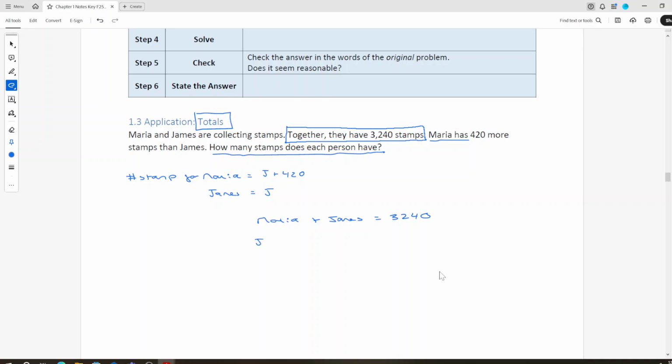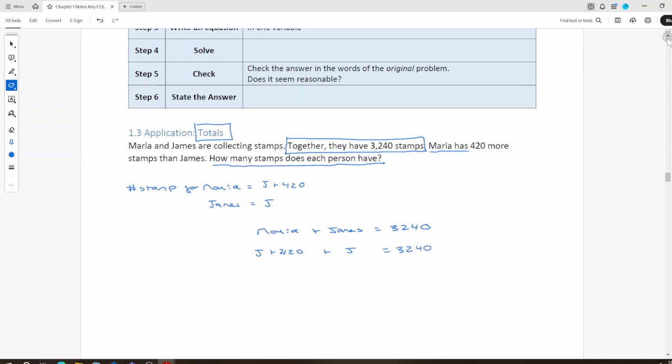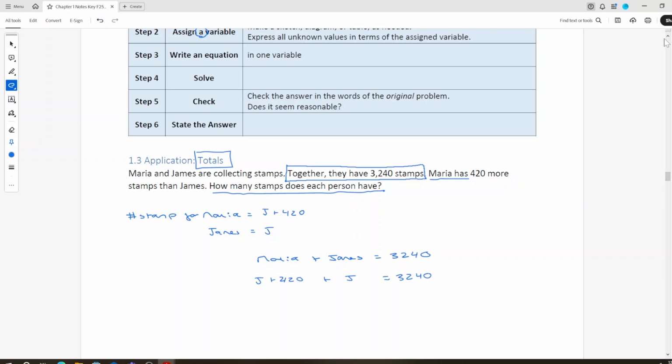Maria, we're letting be James plus 420, and James, we're letting just be J. That's it. That is step 3. In step 3, you're going to write an equation in one variable. So we're going to use this information to set up an equation that we can then solve.